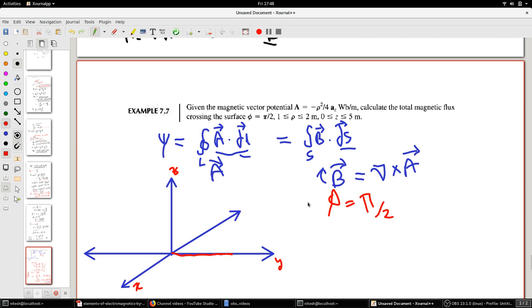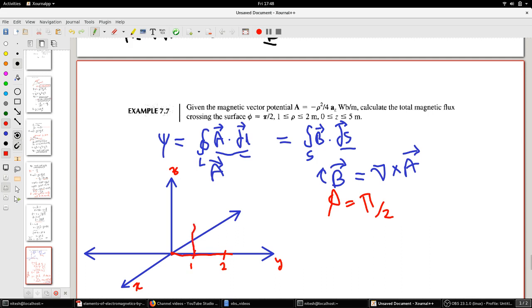The second thing given is rho equal to 1 to 2. Rho is the radial distance from the center, so I mark rho equal to 1 and rho equal to 2, and the region is in between. The third thing is z equal to 0 to 5.